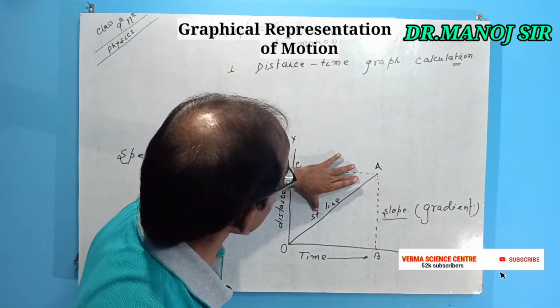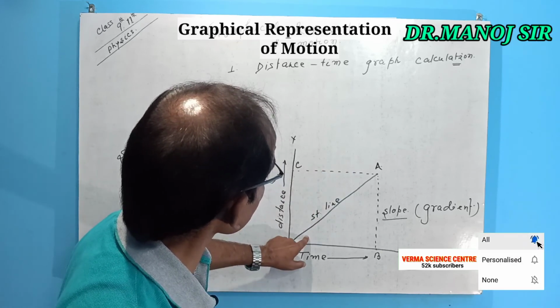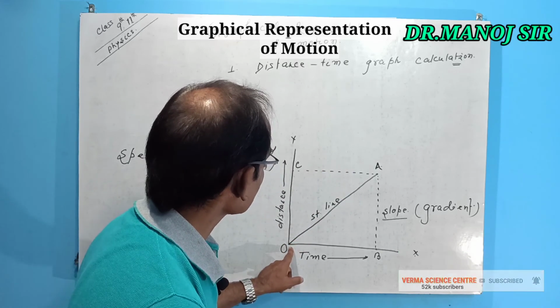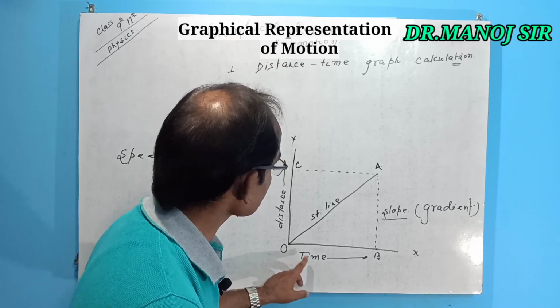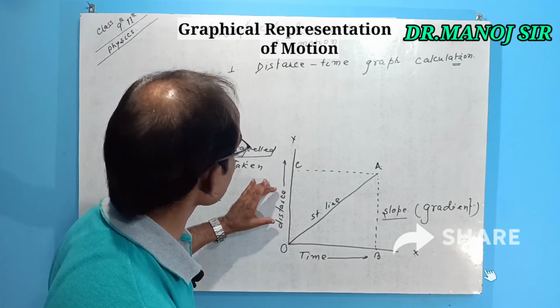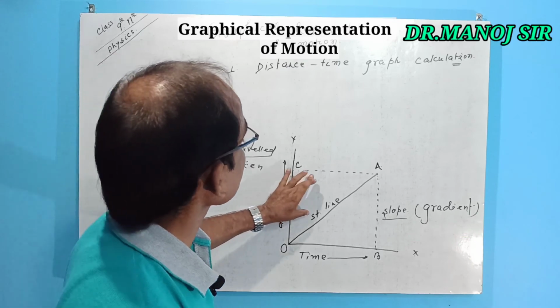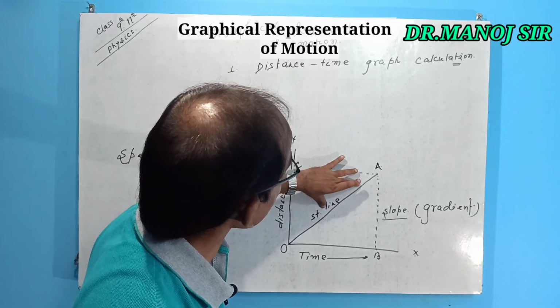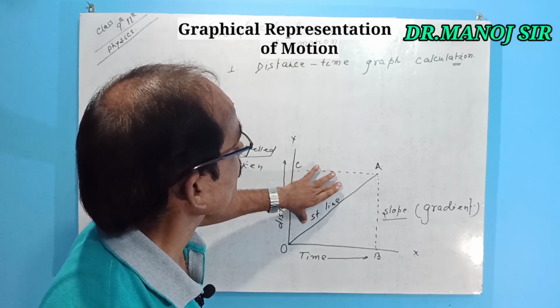This straight line makes clear that when a body travels from a reference point with equal time period and equal distance, then the straight line graph is said to be uniform motion.